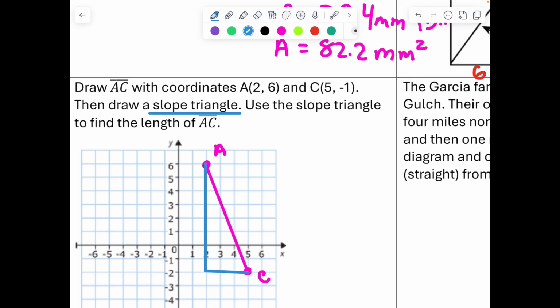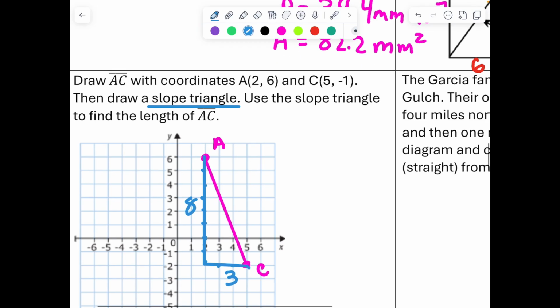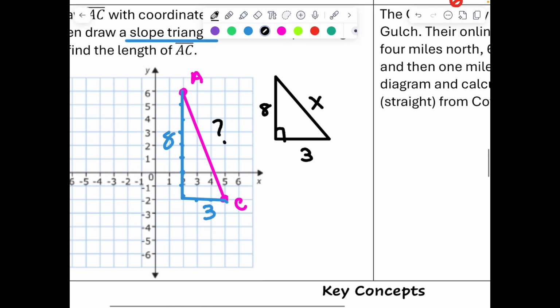I'm going to count how many places we went down. 1, 2, 3, 4, 5, 6, 7, 8. So we went down 8, and we went to the right 3. So this is our slope triangle, which is basically a right triangle that we could find the length of AC for using the Pythagorean theorem. Okay, so 3, 8, and we don't know AC. So again, we're going to use Pythagorean theorem.